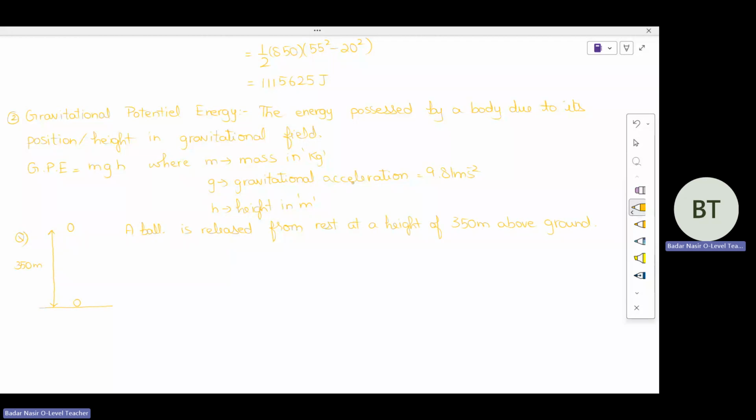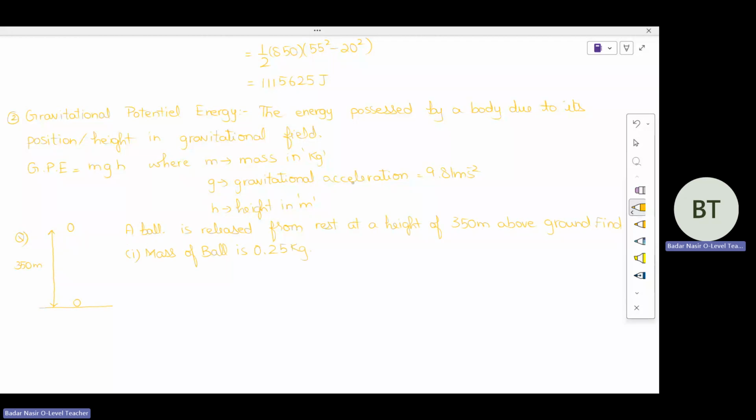Now he says to you, find, in the first part, the mass of the ball is 0.25 kg. Mass of ball is 0.25 kg.